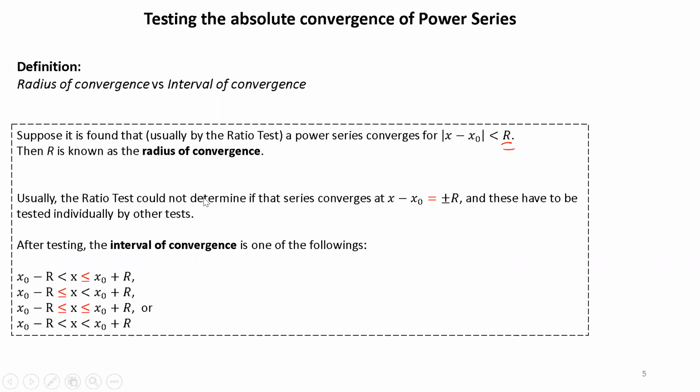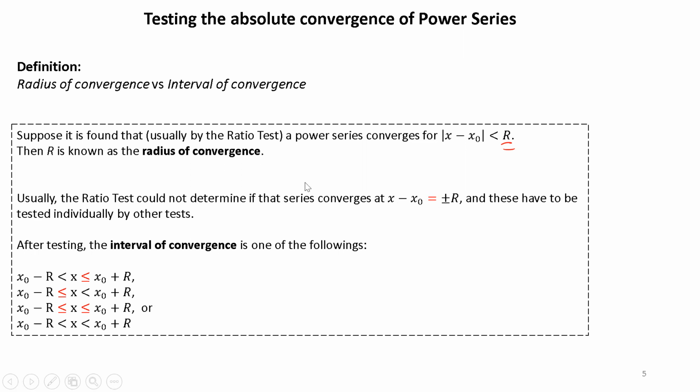As you already see, at the boundary, when you have x minus x naught equals plus or minus R, the ratio test didn't help you, and you need to test the two endpoints individually.